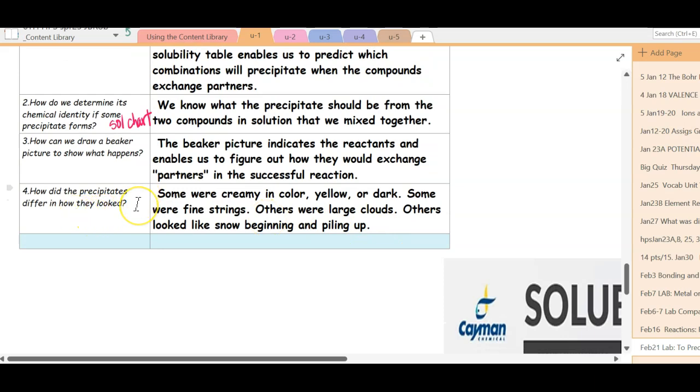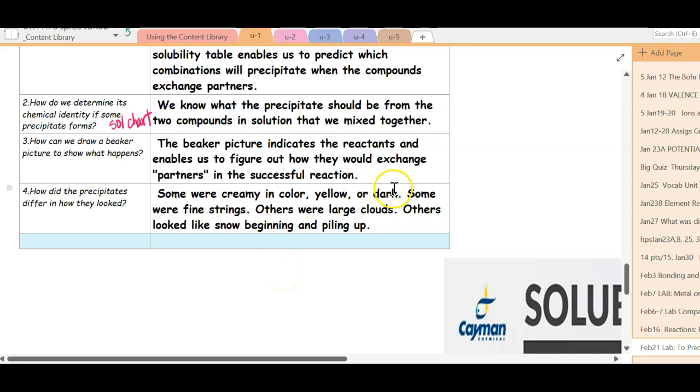So how did the precipitates differ in how they looked? Well, some were creamy in color, yellow, some were dark, some were fine, stringy looking things, others were clouds, others just looked like snow beginning and piling up. So would you say that covers it, what you saw? It depends on which ones you chose, since you had a choice in who you wanted to pour together.